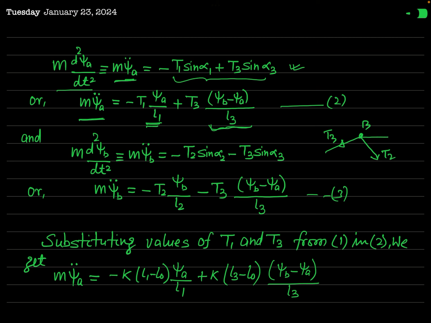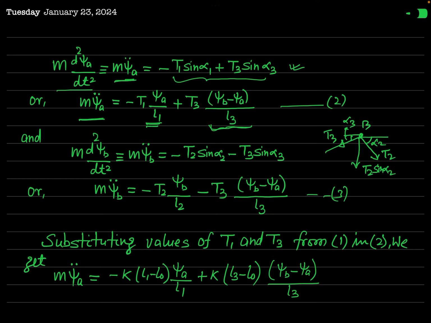And this angle is alpha 2, and this angle is alpha 3. You have seen that in that figure. So the component of T2 in the downward direction. We are talking about the restoring force, so we have to think of the component of T2 in the downward direction, and that will be T2 sine alpha 2.